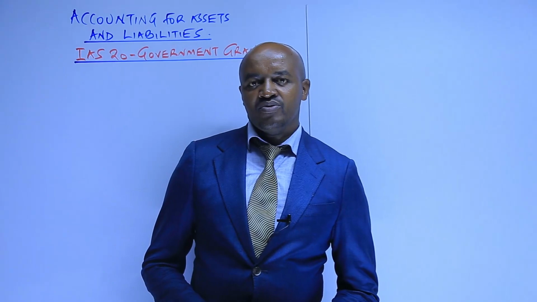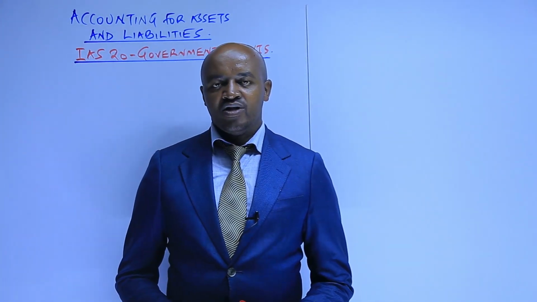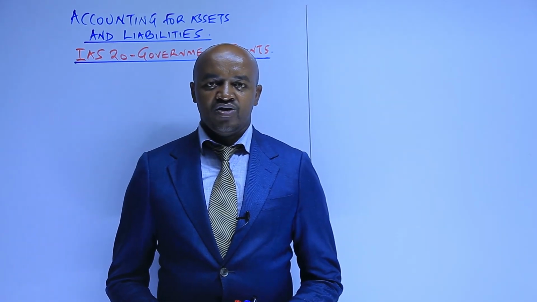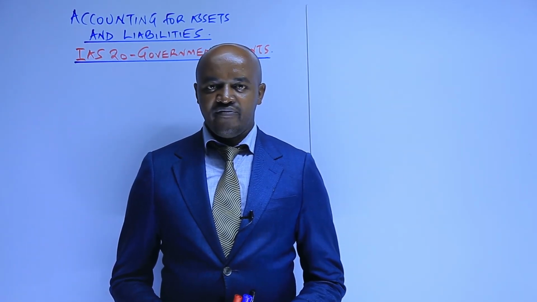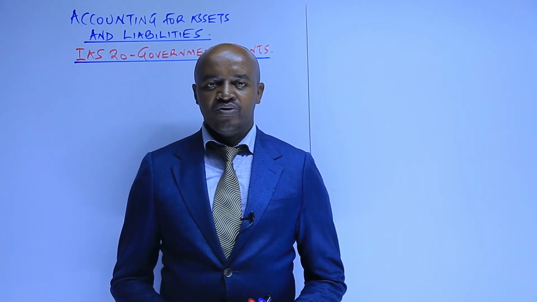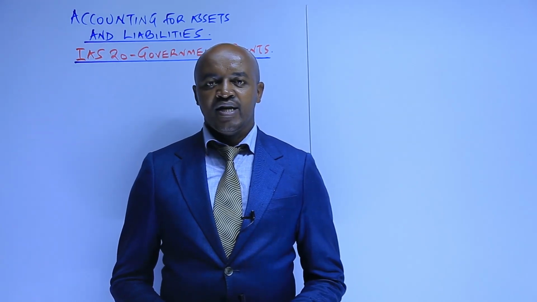In this session, I want us to look at subtopic number 7 of topic 1, and the topic is on government grant. As far as this topic is concerned, we are going to look at various issues relating to the government grant. One, we are going to define what is a government grant, and also the examples of government grant.